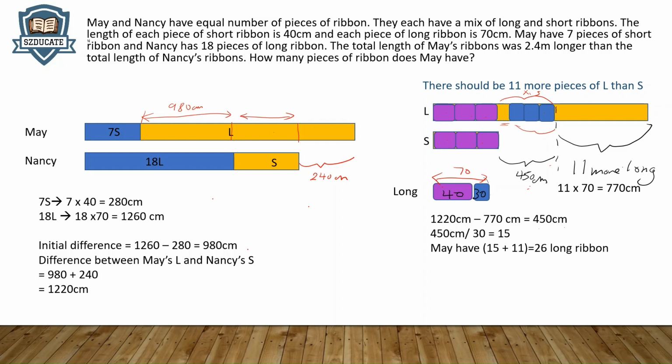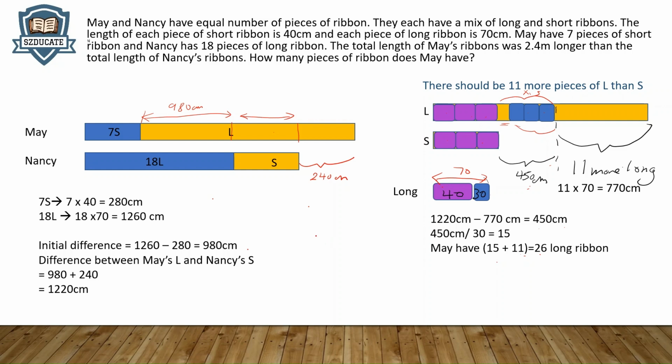Okay, that means effectively May has 15 short ribbons. So if the question asks how many pieces of ribbon does May have, I take 15 short plus 11 long. 11 long was given by the system. So 15 plus 11 equals 26 long ribbons.